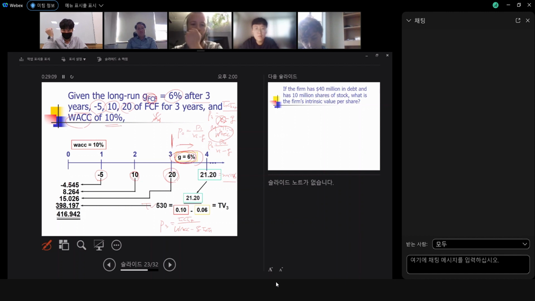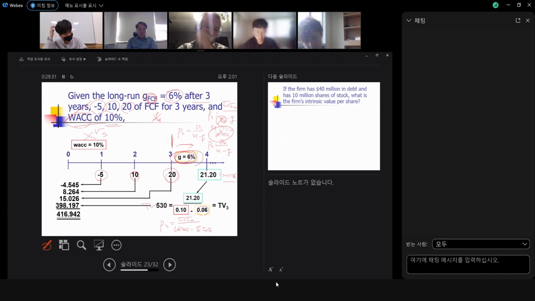In the exam, I may provide the information of WACC and Rs simultaneously. Then you should pick WACC, not Rs, to calculate the intrinsic value using the corporate valuation model. The growth rate is assumed to be 6%.